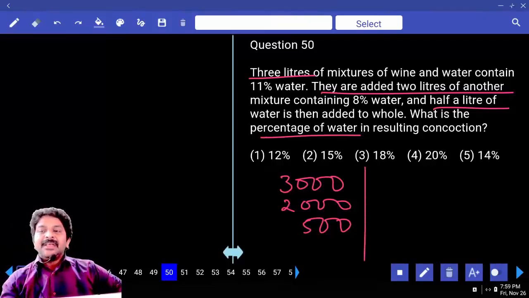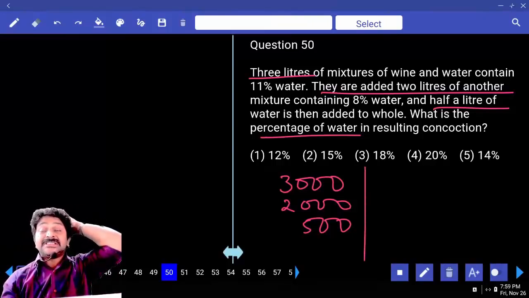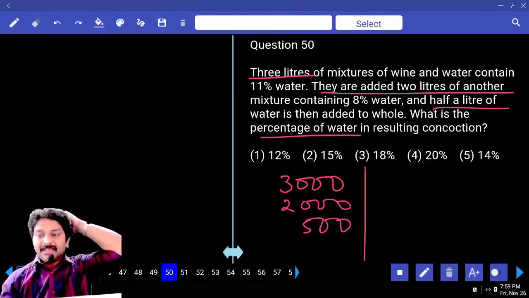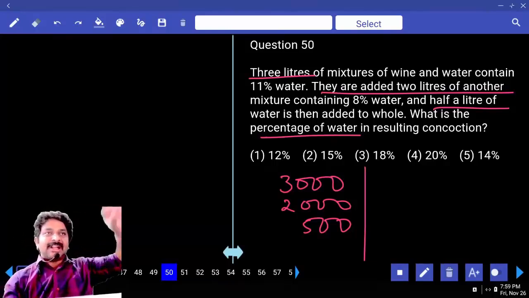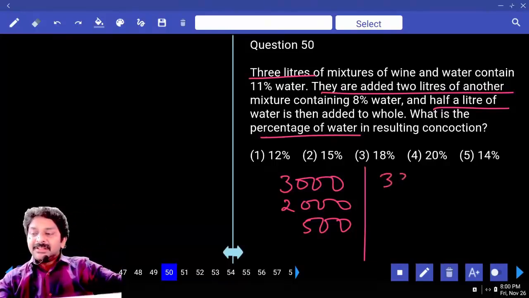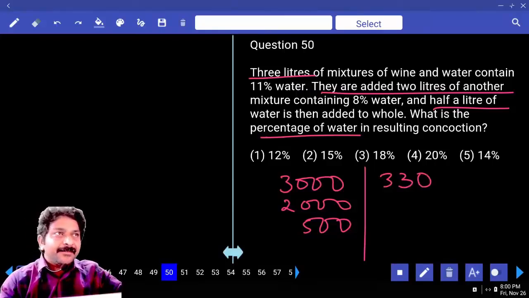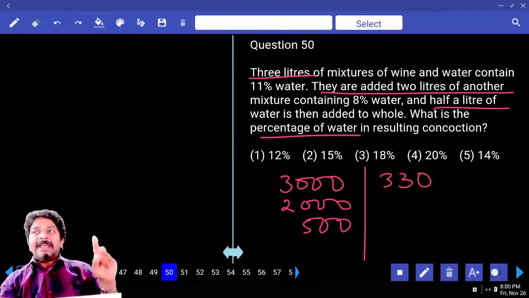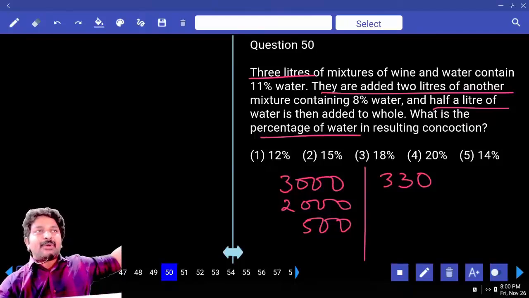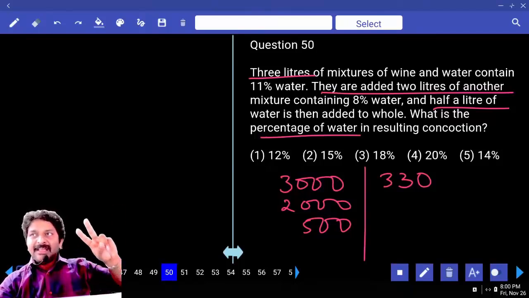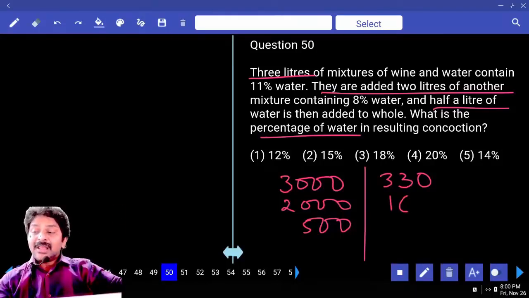Now let's see. In the first 3 liters, water is 11% only. 1% of 3000 is 30, into 11, 330. Is this clear? Next, 2 liters having 8% water. 8 into 1% of 2000, which is 20. 8 20s, 160.